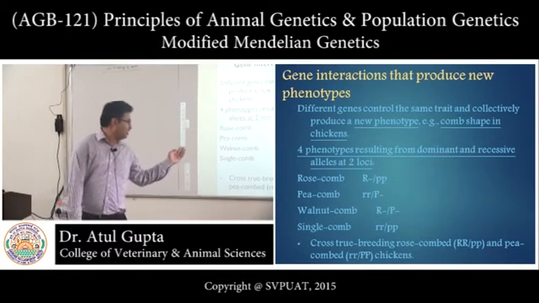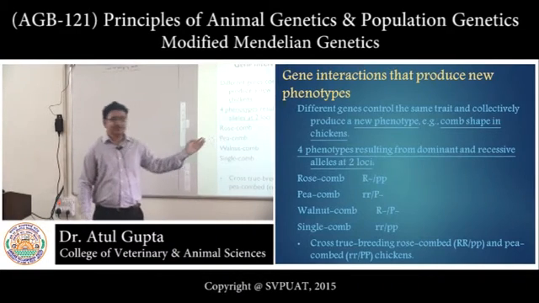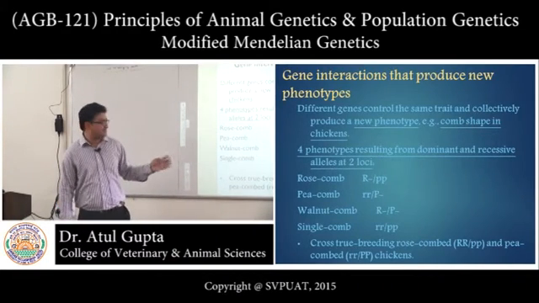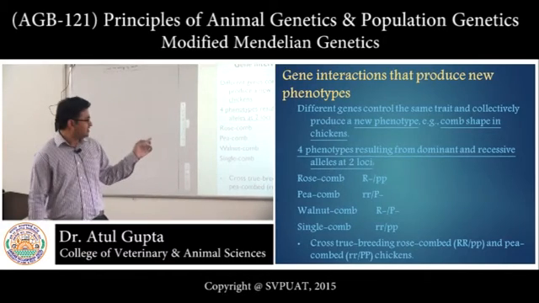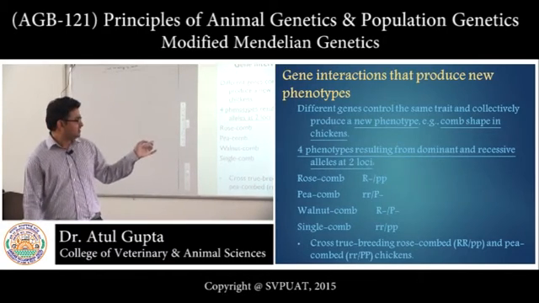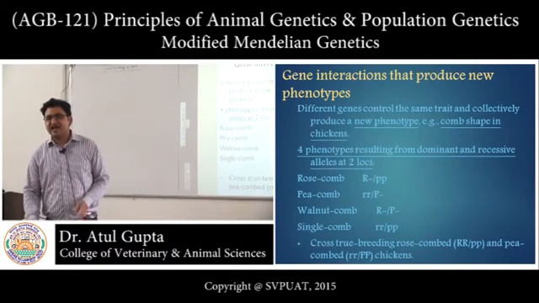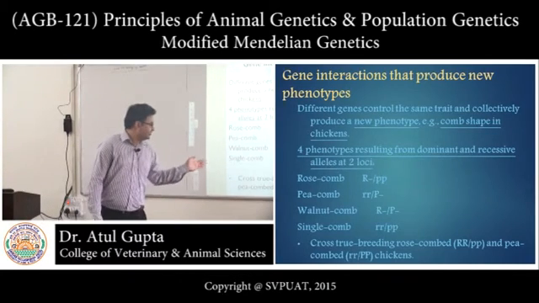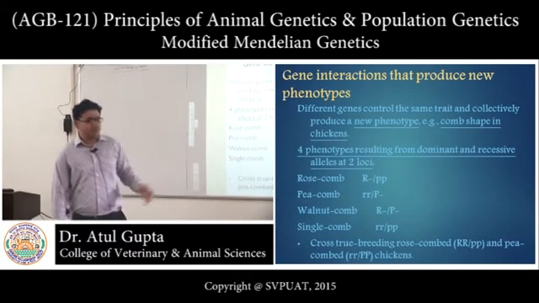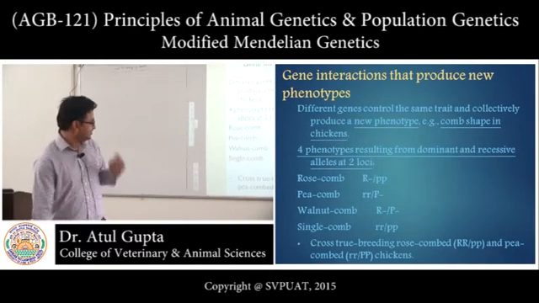And for a walnut, both the dominant alleles, that is R and P, are present. Due to their interaction, a new comb appears here, that is walnut, which will have the genotype R dash P dash. And for single comb, it should be homozygous recessive for both the alleles.